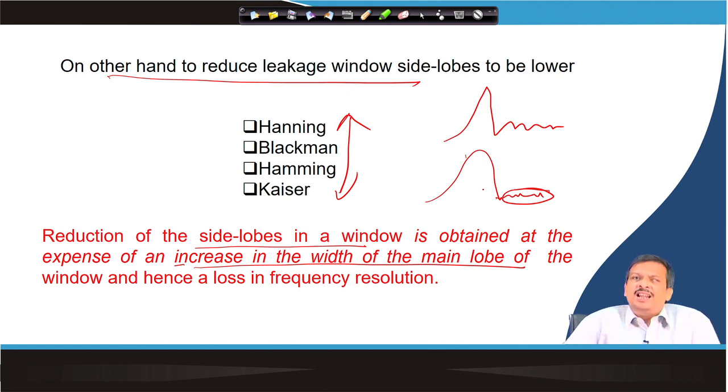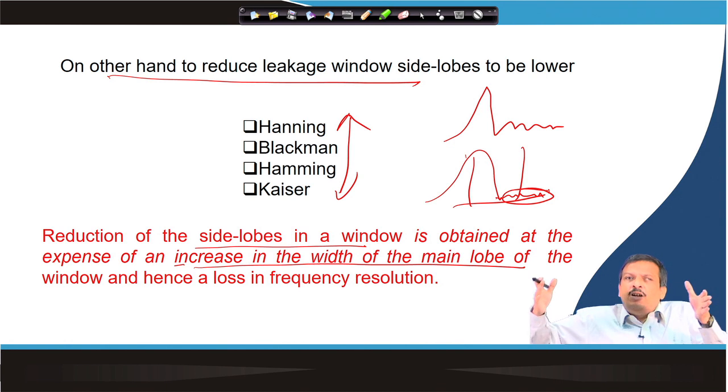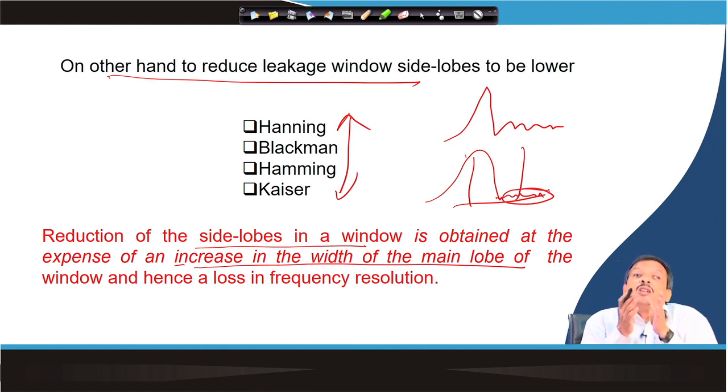So, when I use a Hanning window, the frequency resolution is reduced because the main lobe width is high. So, it depends on which kind of analysis you want for your signal.